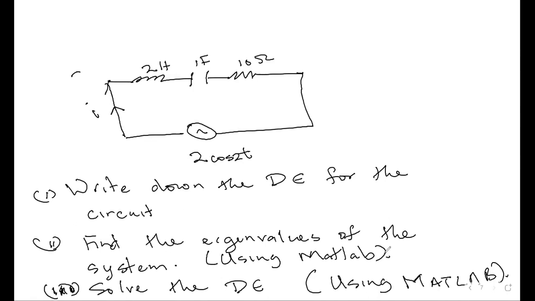All right. So the last thing that I'm going to talk about tonight is I'm going to give you this as a small assignment. I want you to write down the differential equation, find the eigenvalues of the system. Now, here's how you find the eigenvalues of the system. The eigenvalues of the system, let me write it up here in red.